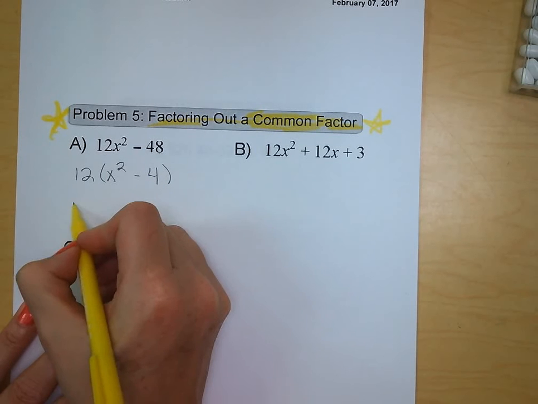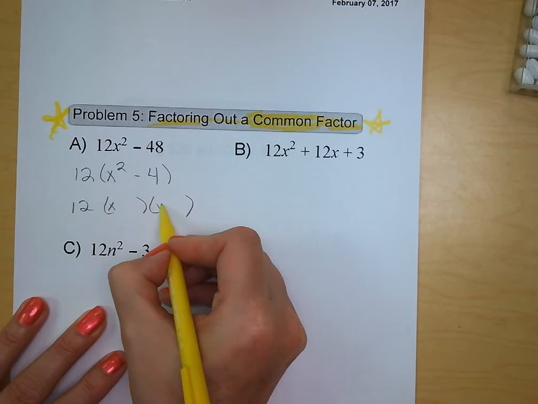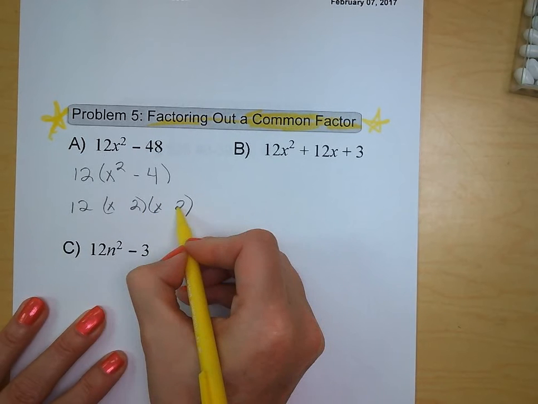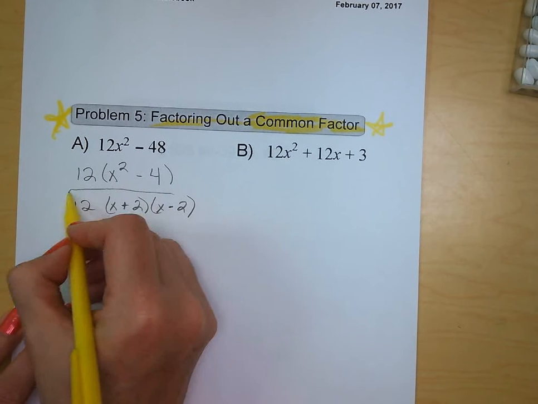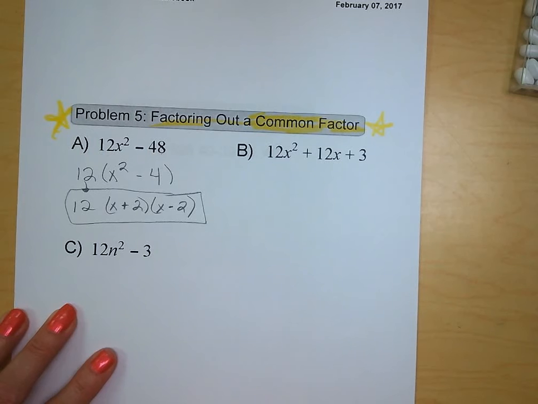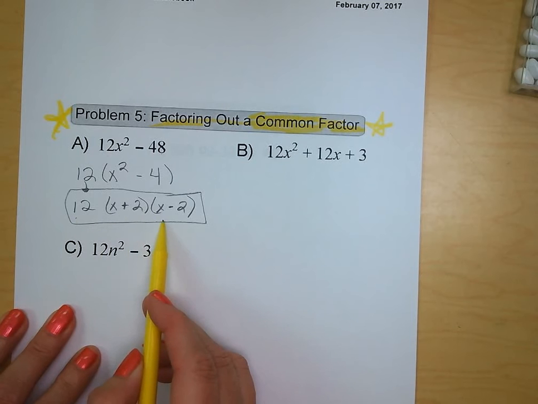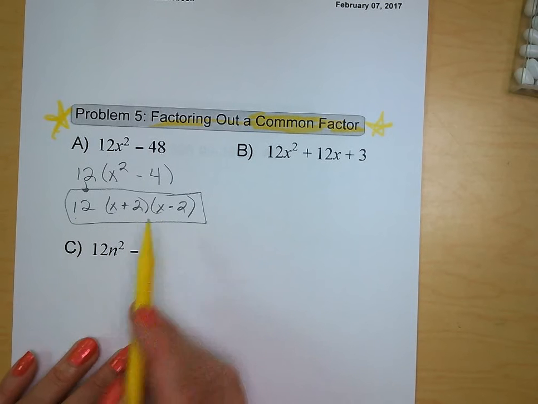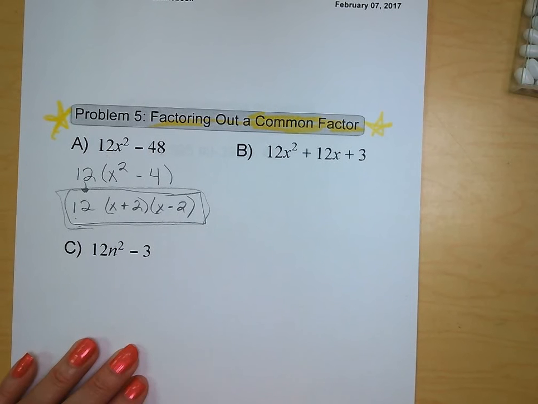And now we can factor that further, because I see that that's a difference of two squares. We put in our x's, we put in our 2's, one is being added, one is being subtracted. So your final factored form of 12x squared minus 48 is 12 times the quantity x plus 2 times the quantity x minus 2. That entire thing is what you're looking for when we ask you to factor it.